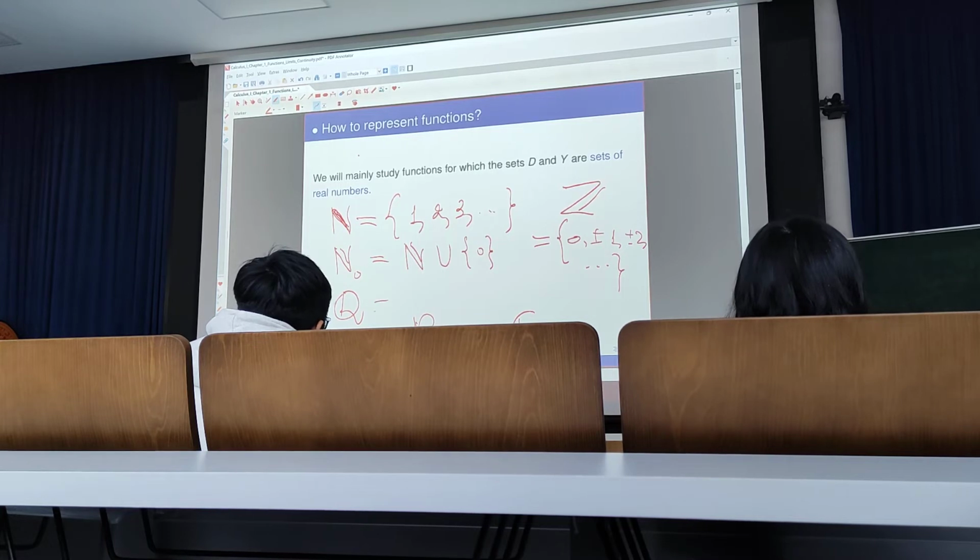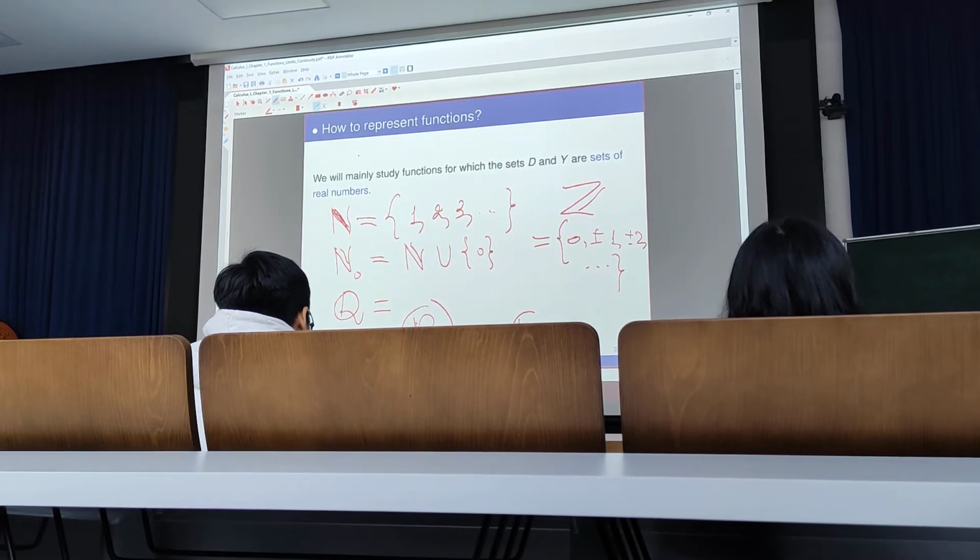Q is rational numbers. Real numbers. So we talk about real numbers. This is R. And C, complex numbers.